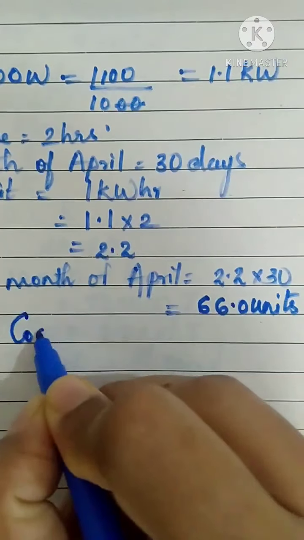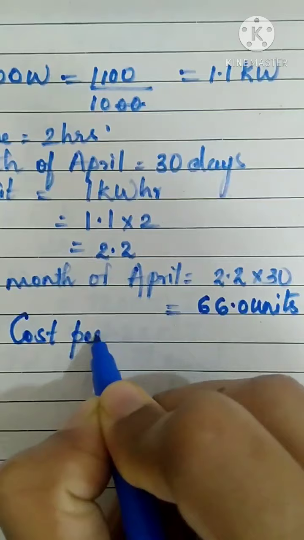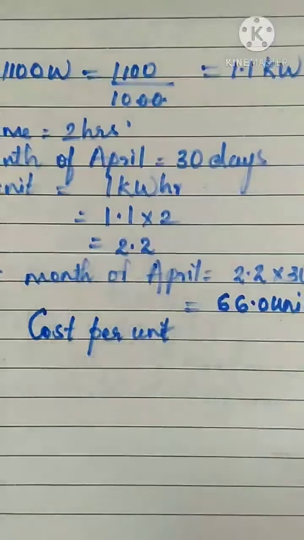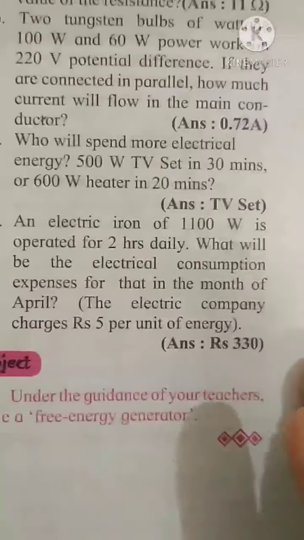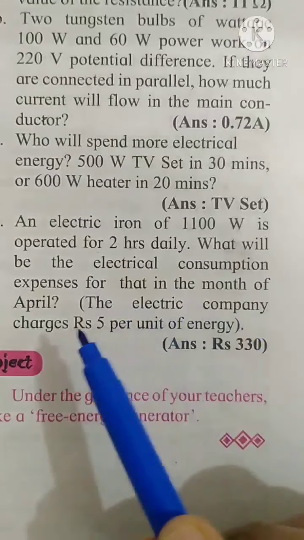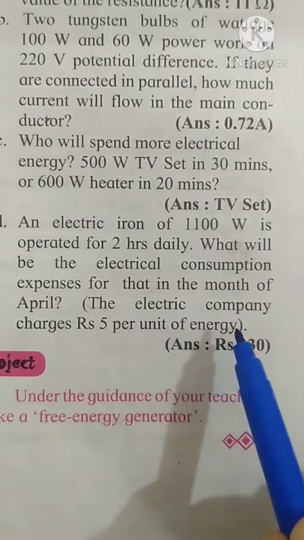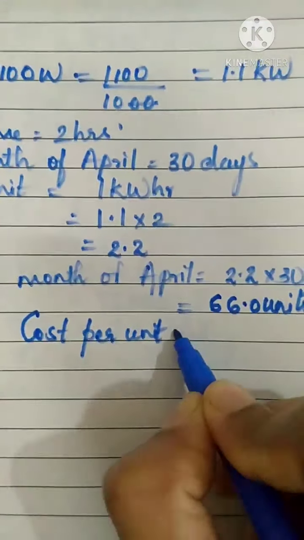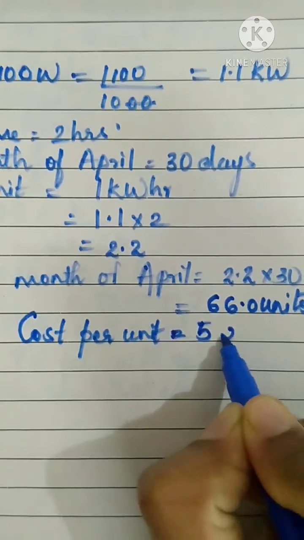Now cost per unit is given, see the question: the electric company charges 5 rupees per unit of energy. Okay, so cost per unit is equal to 5 rupees.